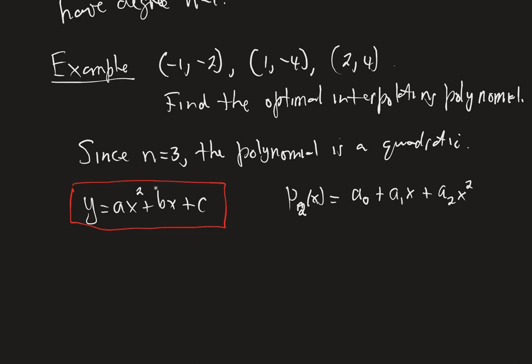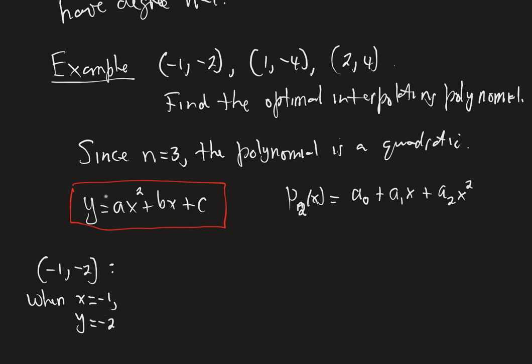Now, how do we turn this problem into a linear system? Well, the thing about your ordered pairs is that each is a pair consisting of an x value and a y value. For instance, starting with -1, -2: when x is equal to -1, y is equal to -2.